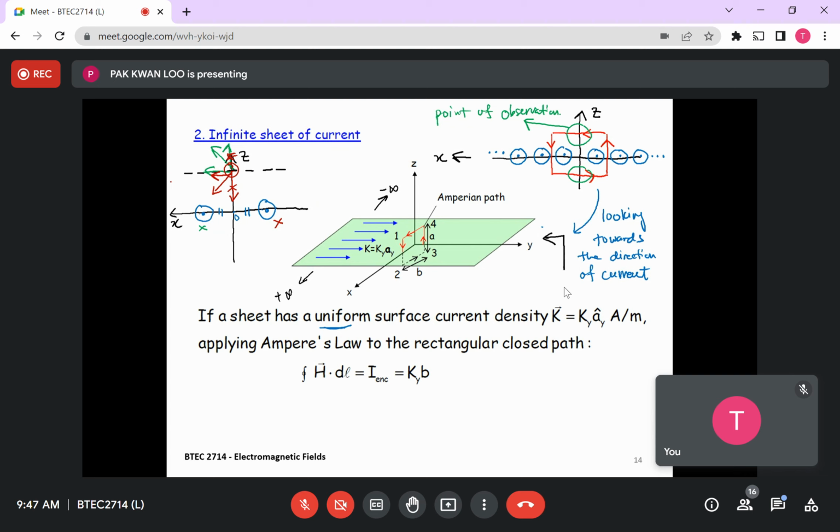So the line integral here will be the magnetic field multiplied by the path length, since they are the same. So what about these two paths here? The vertical ones. Is there a magnetic field around this region here? Is there a magnetic field?